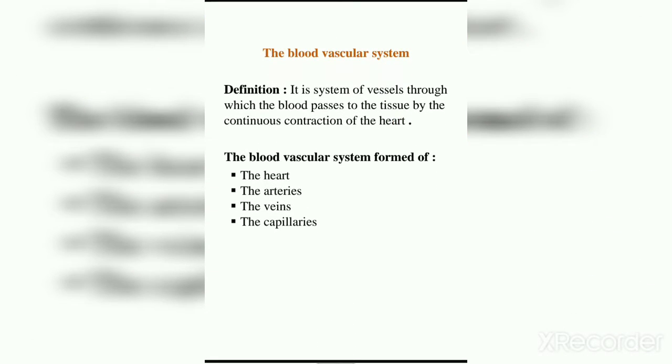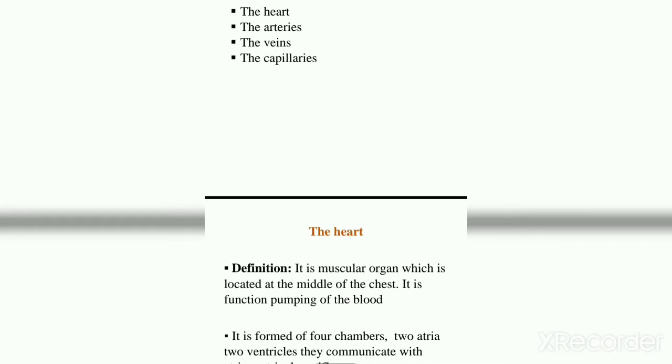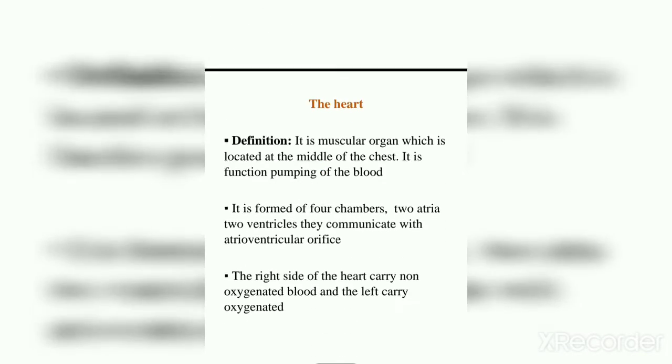Blood vascular system function: it is a system of vessels through which the blood passes to the tissue by the continuous contraction of the heart. The blood vascular system is formed of the heart, the arteries, the veins, and the capillaries.